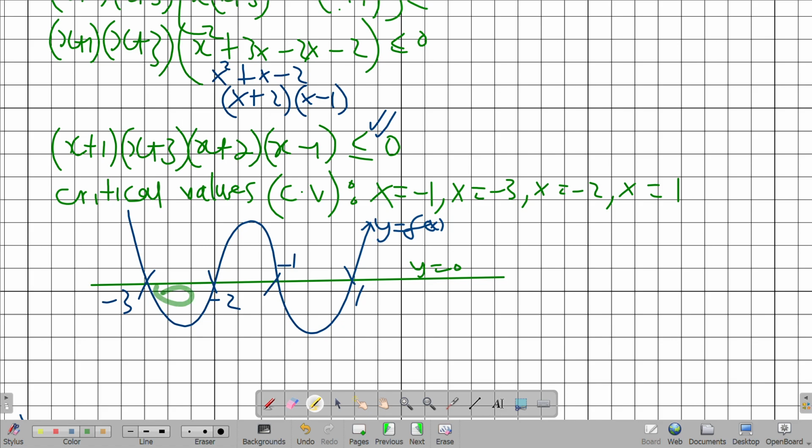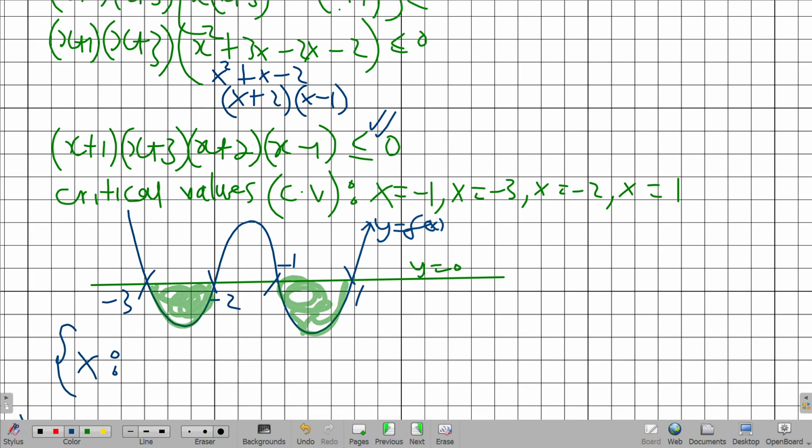It is this part here, and this part here as another part that's less than 0. And we are going to say x is such that, in set notation, minus 3 is less than x is less than minus 2, union minus 1 is less than x less than 1, where x is an element of real numbers.